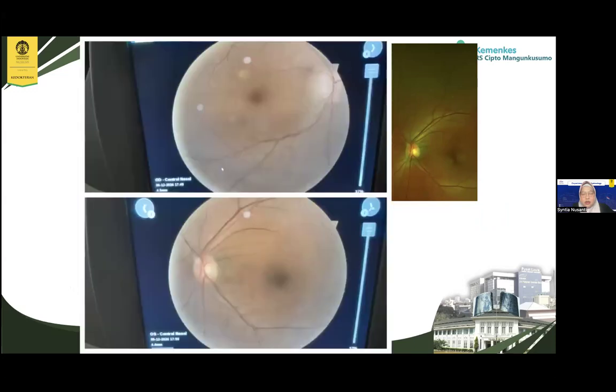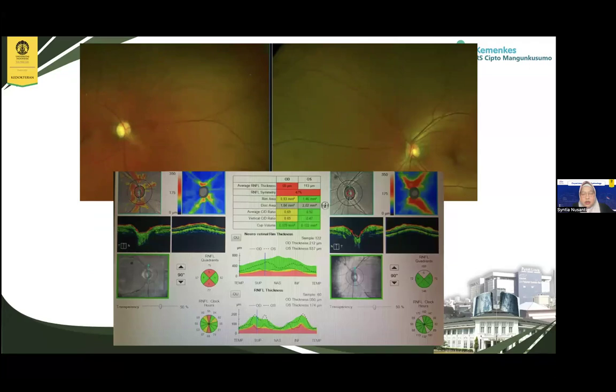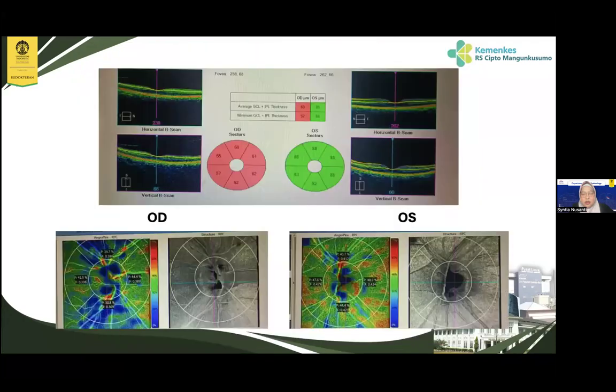This is the picture from the patient that we can see on the right eye. Sorry, the picture is not very good because I'm taking it from the phone of the patient. There's an edema on the right optic nerve. So we did the OCT of the retinal nerve fiber layer. There is a thinning on the superior and inferior, and also loss of the ganglion cells.